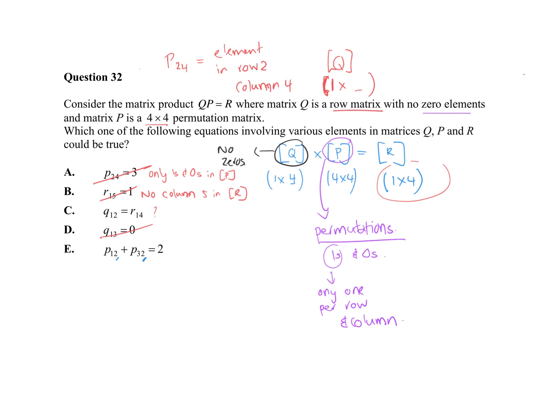Because remember I said over here, you can only have one per column. So this is not true, because one of them can only be a 1. The other one might be a 0. And that's because of this fact here. So in the end, our only one that can be true is that.